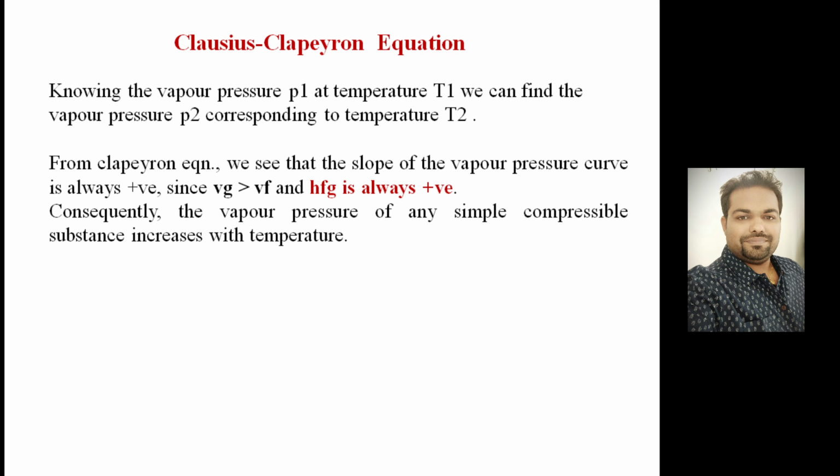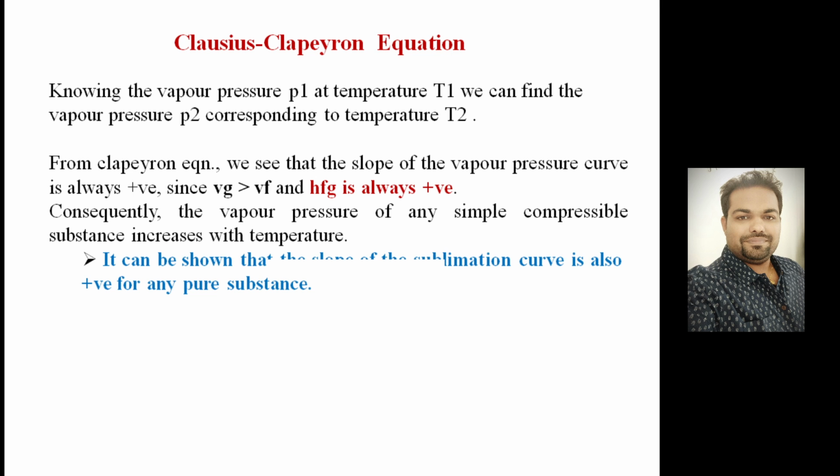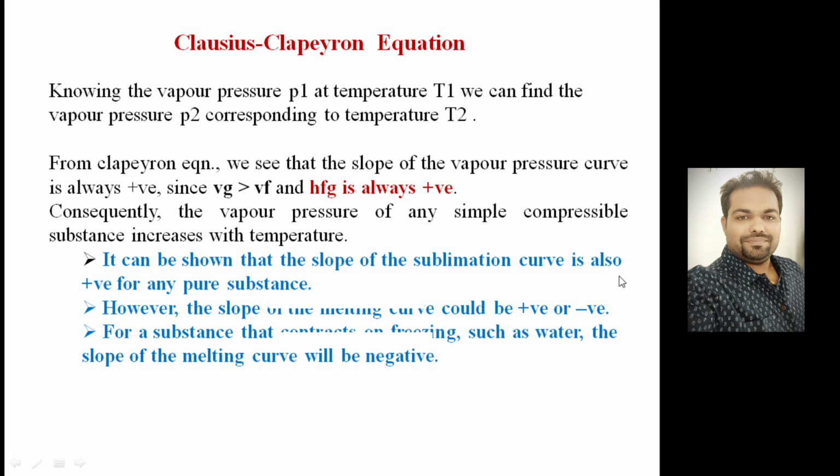From the Clausius-Clapeyron equation, we see that the slope of the vapor curve is always positive, because the specific volume of saturated vapor will always be greater than the specific volume of liquid, and also hfg is always positive. Consequently, the vapor pressure of any simple compressible substance increases with temperature. It can also be shown that the slope of the sublimation curve is also positive for any pure substance.